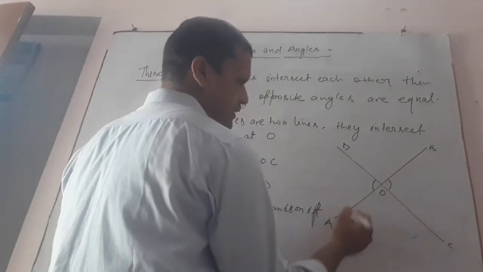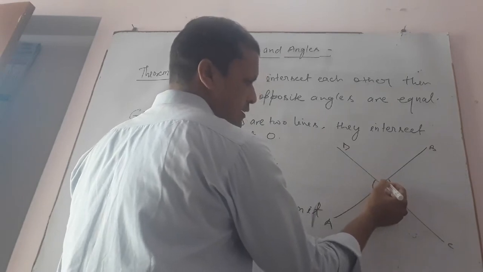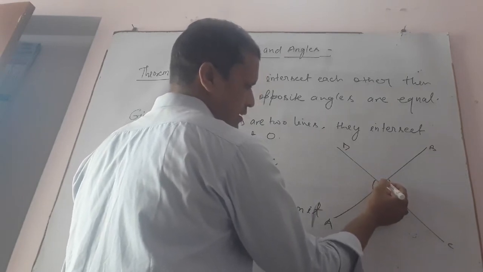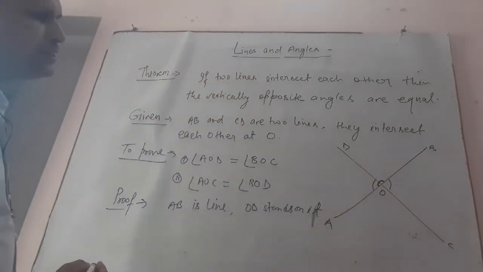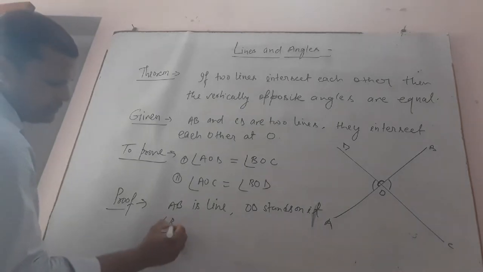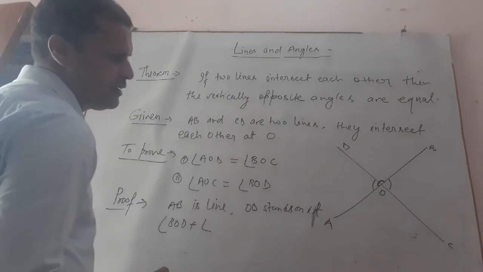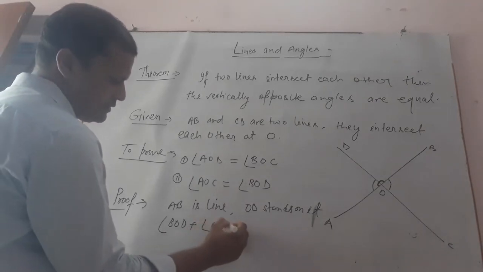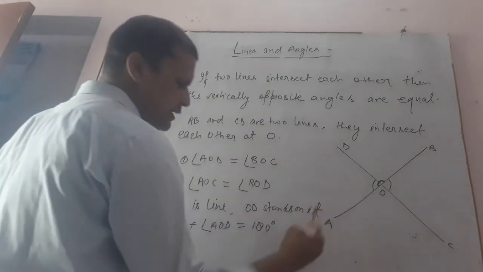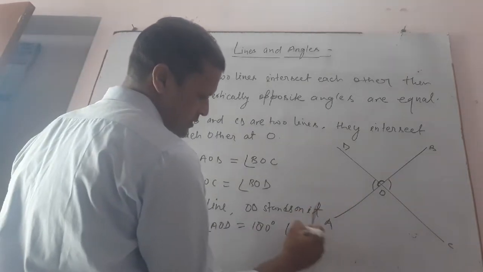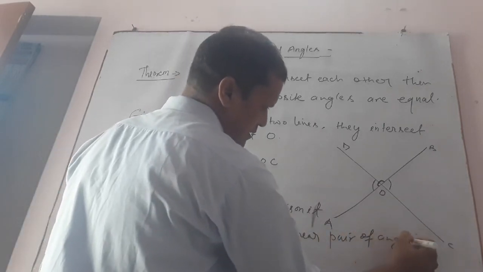If AB is a line and OD stands on it, it means the sum of these two angles is 180. So write it: angle BOD plus angle AOD equal to 180 degrees. Why? Linear pair of angles.